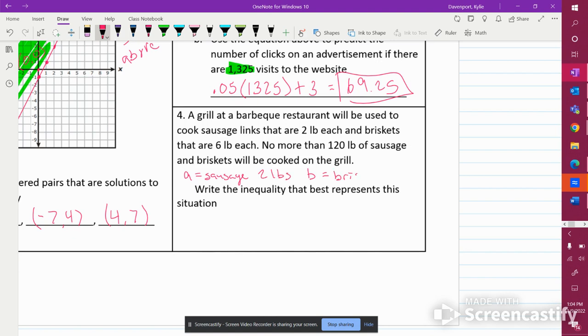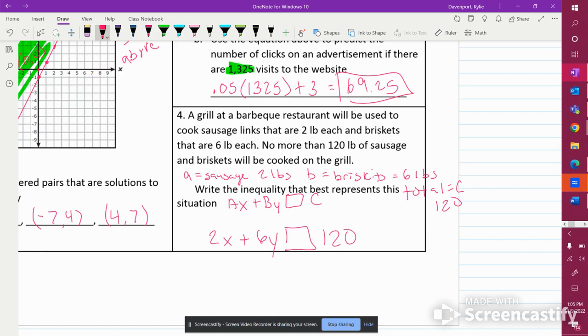B is my briskets, which are 6 pounds. I need to use my equation, ax plus by is something to c. Okay, my total, or c, is 120. So I have 2x plus 6y something 120.